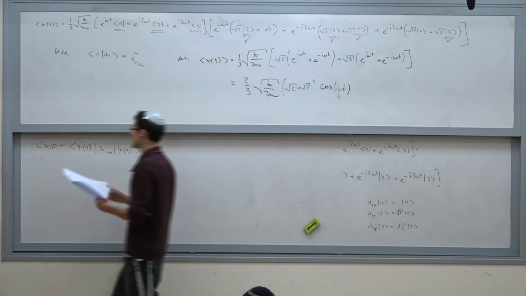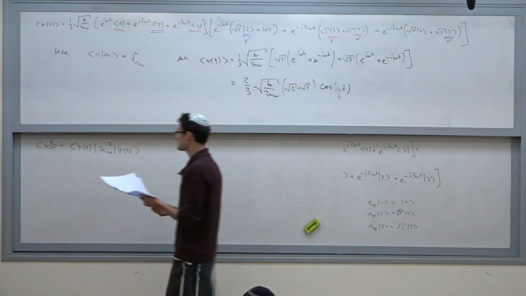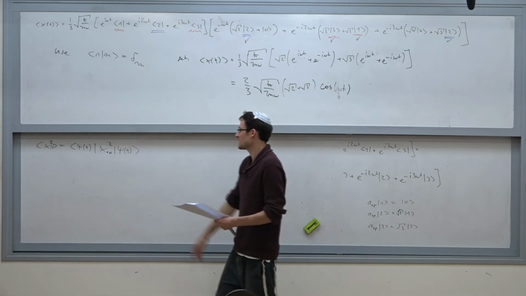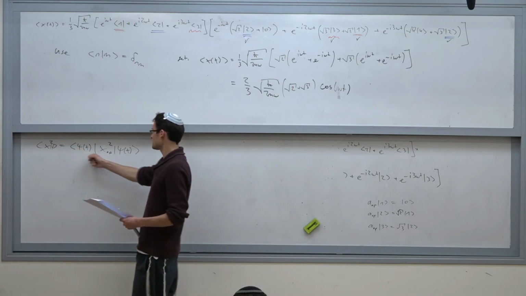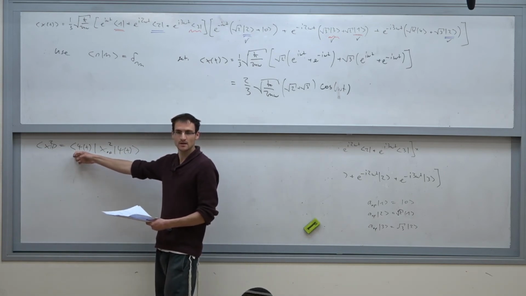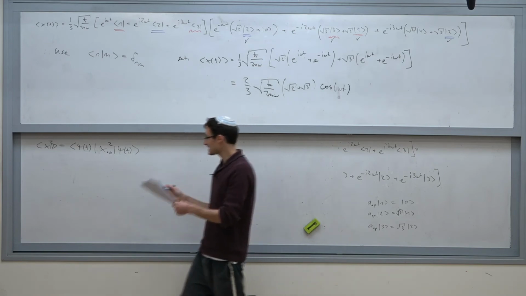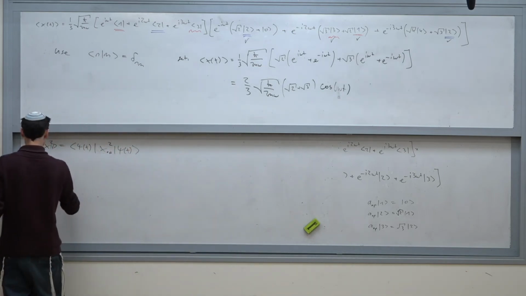So what we want to calculate next is the second moment as a function of time. So we have to calculate the bra psi of t, x squared, ket psi of t. We know our bra psi, we know our ket psi of t, and the x operator squared, we know that as well.